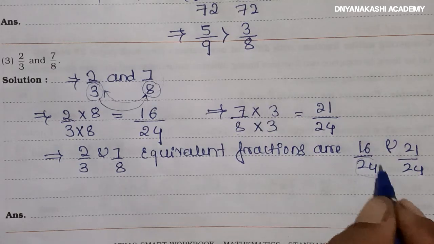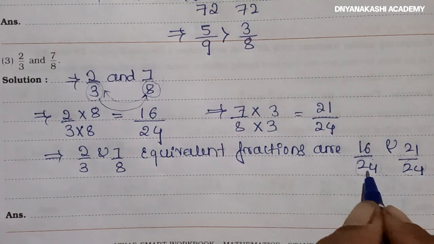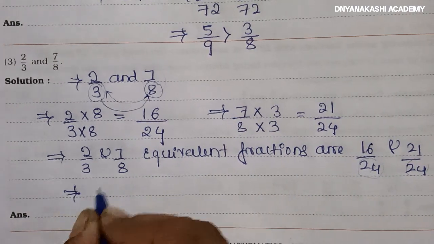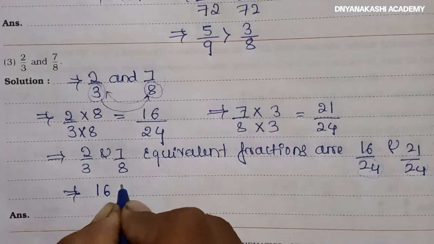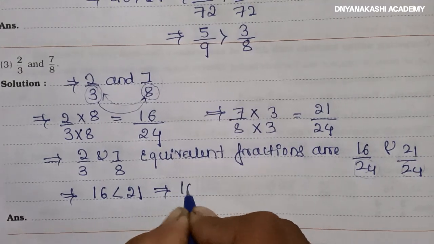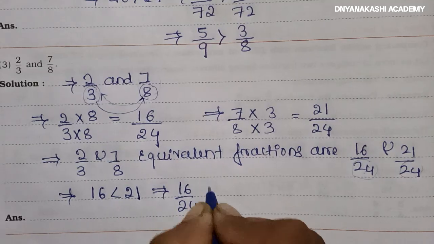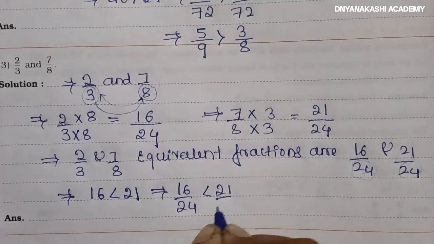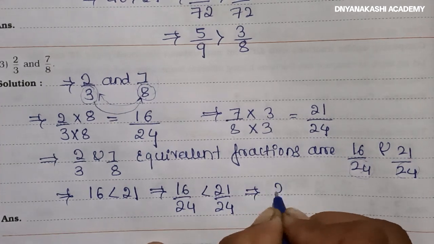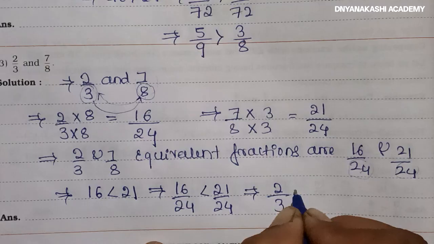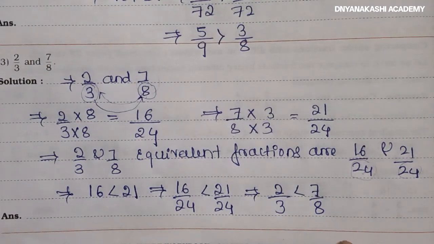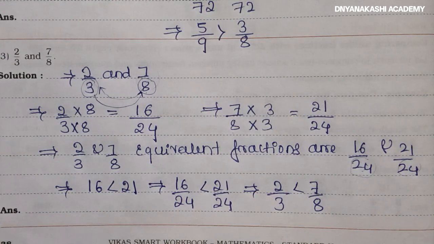Here the denominators 24 and 24 are the same, so I compare the numerators. 16 is smaller than 21. Also 16 by 24 is smaller than 21 by 24, so 2 by 3 is smaller than 7 by 8. This is the comparison between the given fractions.